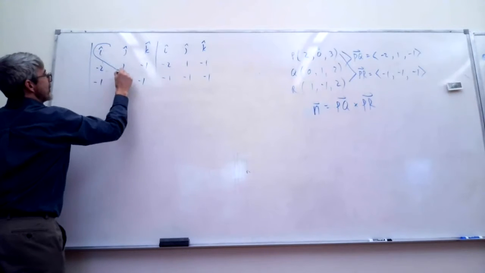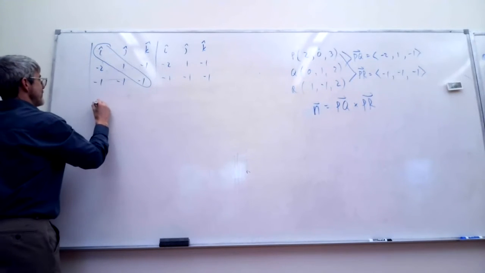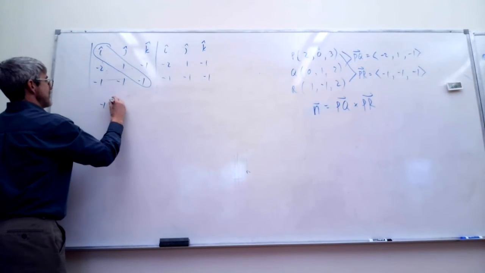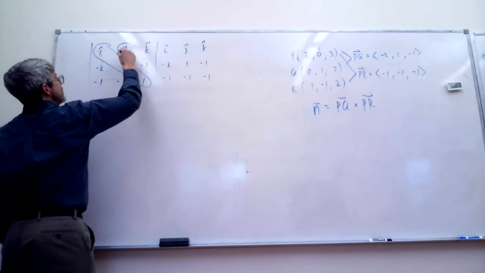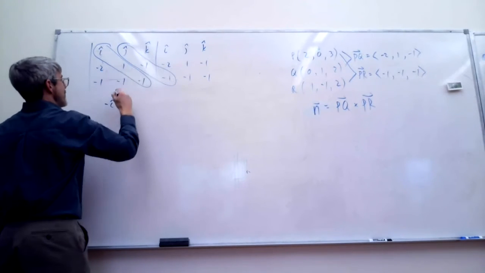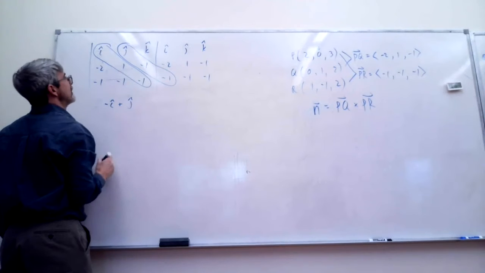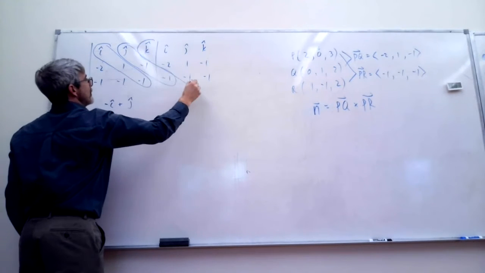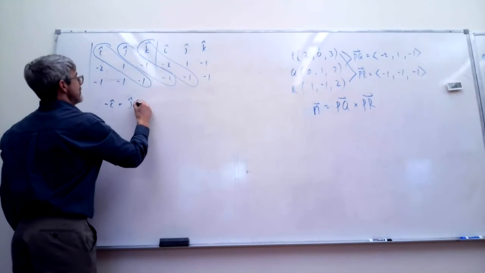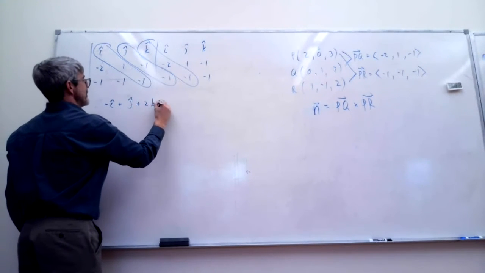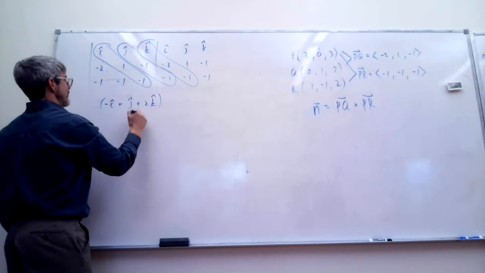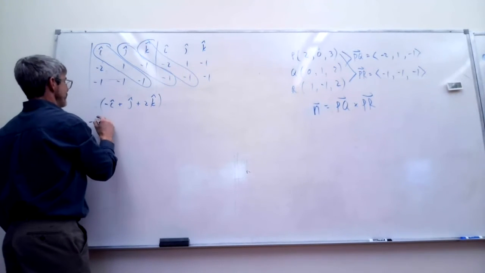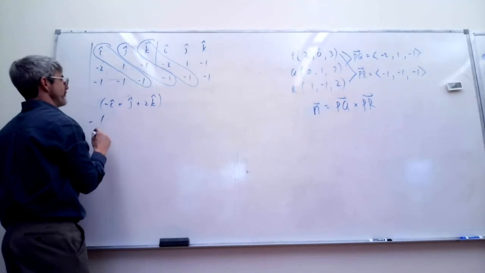So first diagonal, we have a -1i. I could just call it -i. Second diagonal, +1j. Third diagonal, that would be +2k. Then I'm going to subtract the backward diagonals, in unit vector form, so I can use parentheses.